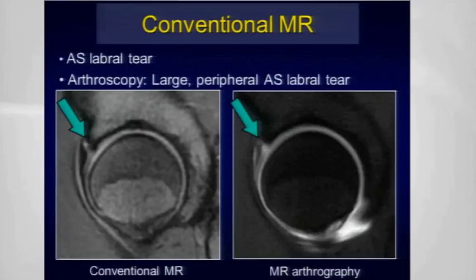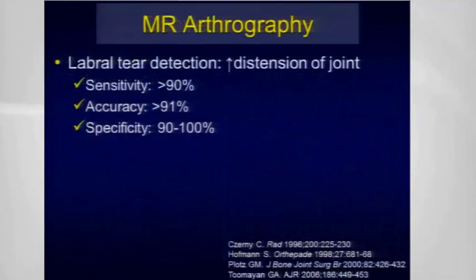Let's now look at some other imaging techniques. With routine conventional MR imaging, ideally you can also nicely assess the labral pathology. Same patient, you can see here their anterior superior labral tear. How good are we with MR arthrography for labral tear detection? It has a very high sensitivity, accuracy, and specificity.